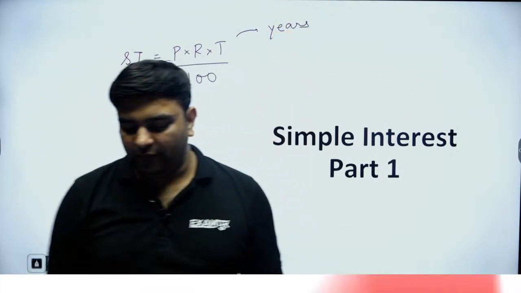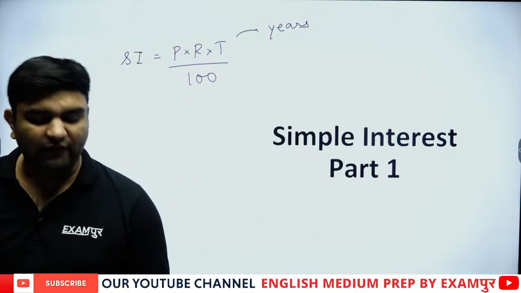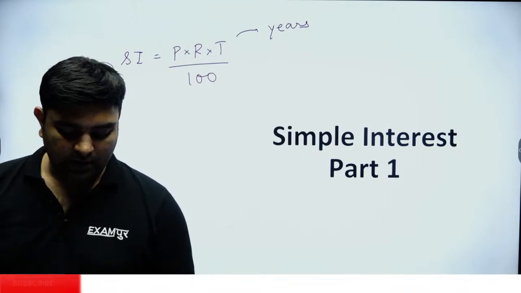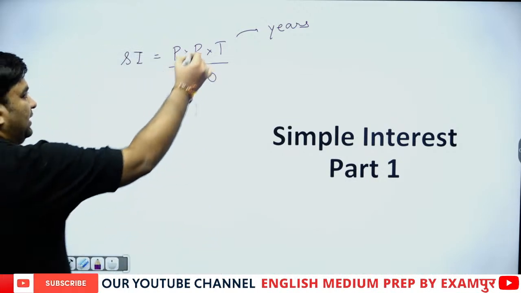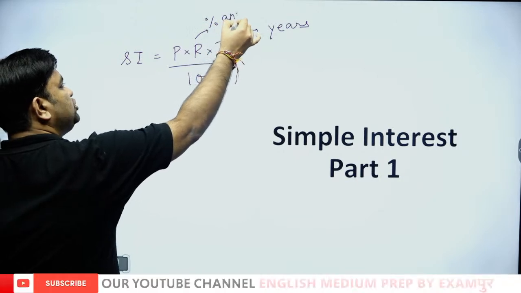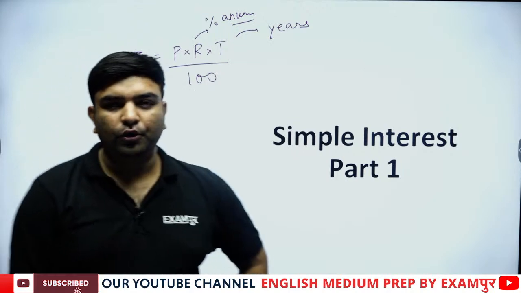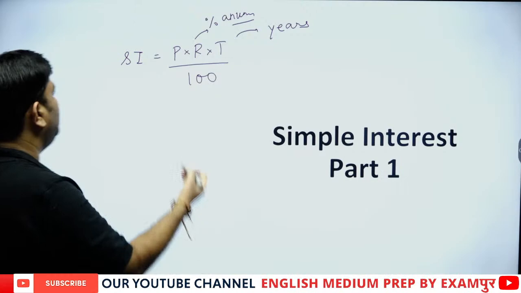Time should always be in years. You cannot put it in months in this formula. Similarly, rate should be per annum. If it is not per annum, then we cannot put it in this formula.